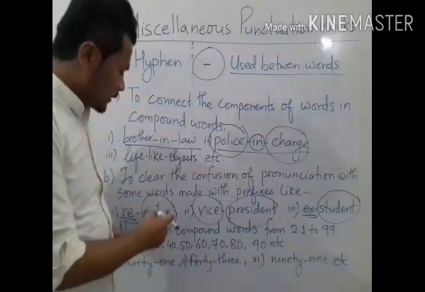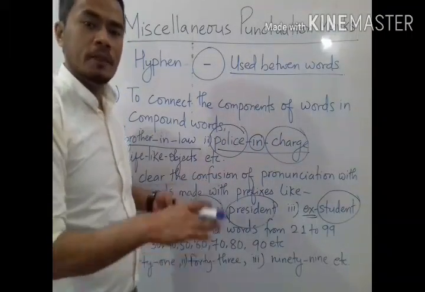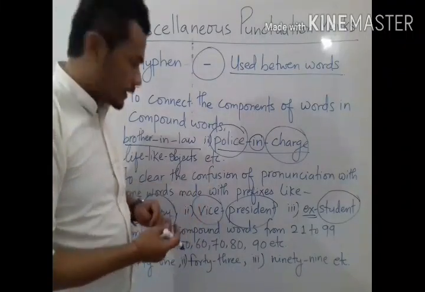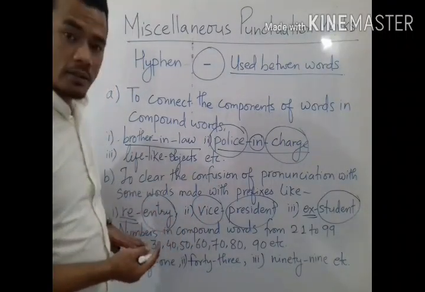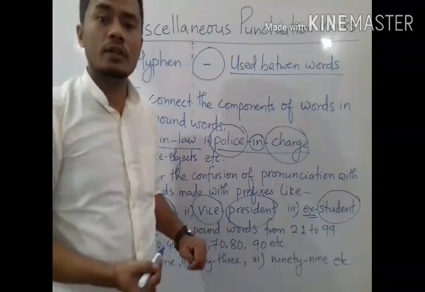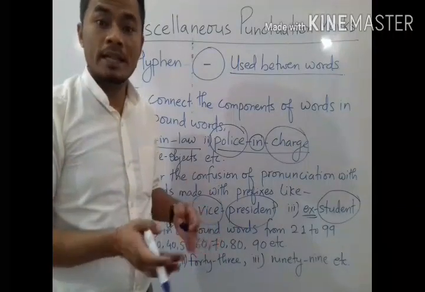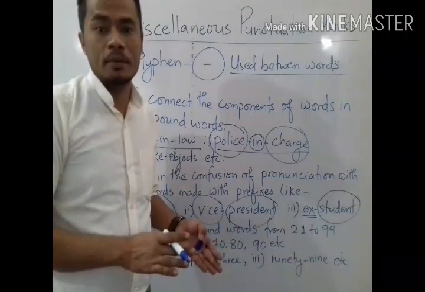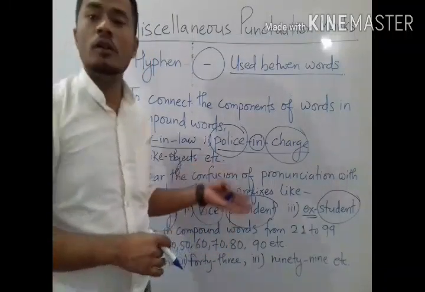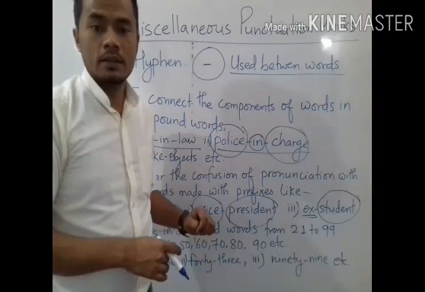We have some more words formed by using a prefix and the real word together. Now, the last condition of using a hyphen: we also use a hyphen whenever we write compound number names from 21 to 99 in words.